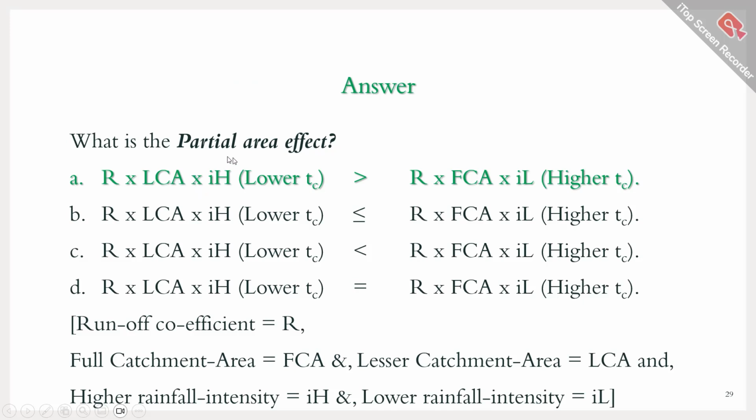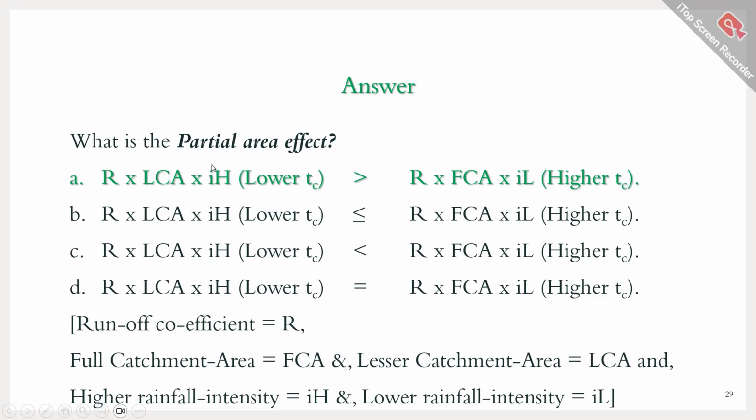Lower catchment area into higher rainfall is greater than the full catchment area into lower rainfall intensity. You can see that rainfall at lower TC is affecting the term more as compared to the lower rainfall at higher TC. Though there is lower area on the left hand side and higher area on the right hand side, the right hand terminology is less than the left hand terminology.